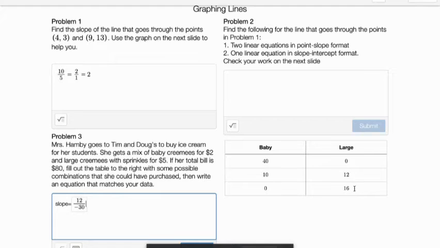Or in this case, it goes up 4, down 10. But notice if I divide 12 and 30 by 3, I get this exact same thing. So they're actually equivalent. And I could even reduce further and do that. All of those would be possible slopes.